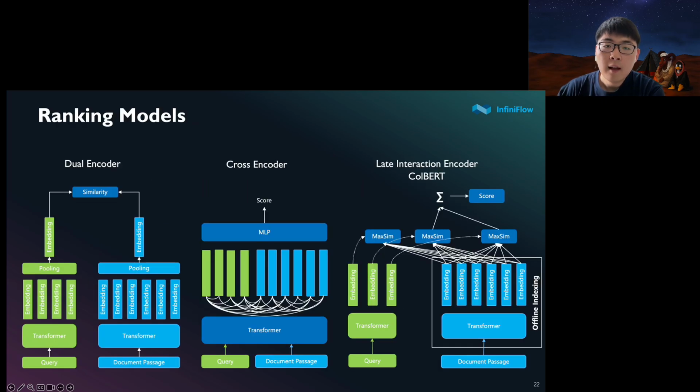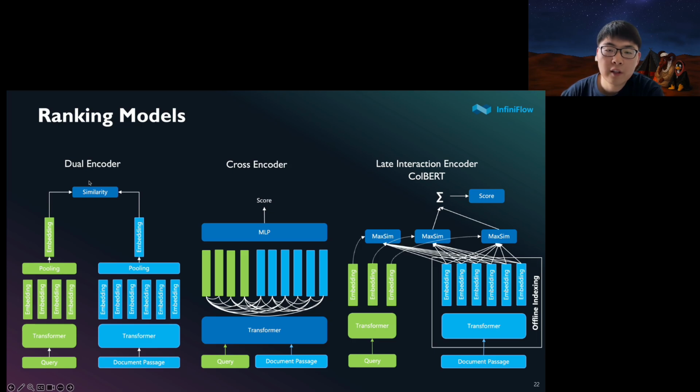Here we have some classical re-ranking model architectures. The bi-encoder here is actually how vector search works. The query and documents are encoded separately. However, only a single embedding is produced as output, which is used to compute the similarity during online retrieval.